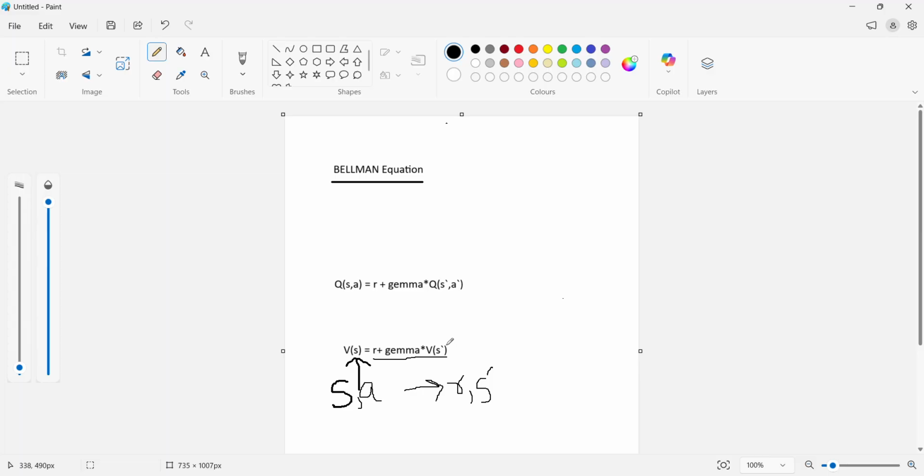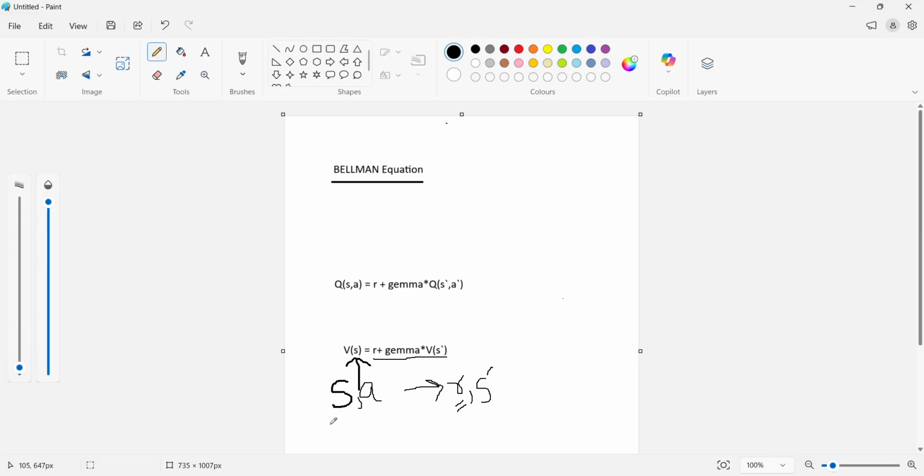What do I mean by that? The Bellman equation states that the state value of a state is given by the immediate reward R you got plus gamma times the state value of the next state.